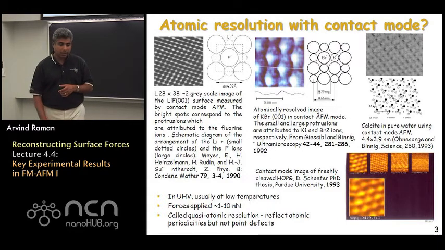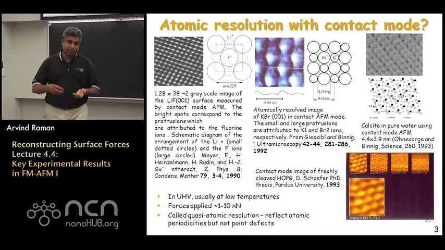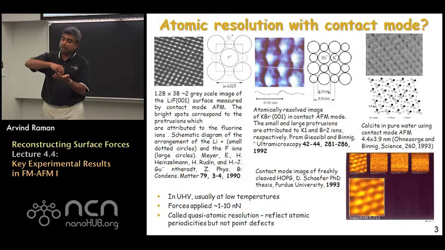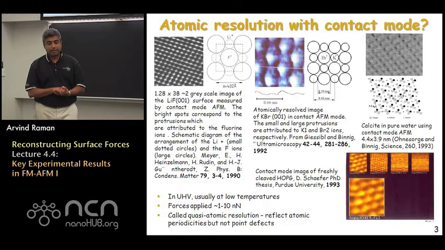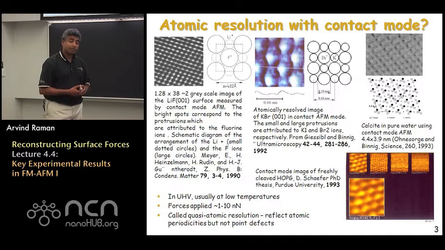Now, you may recall the contact mode AFM works on the principle of a static AFM mode. You apply a constant force, and you move the base of the lever up and down to keep the force constant as you scan over the sample. What you see, for example, on the top left is one of the earliest contact mode images that show atomic periodicity.